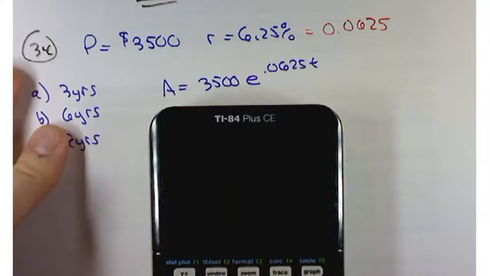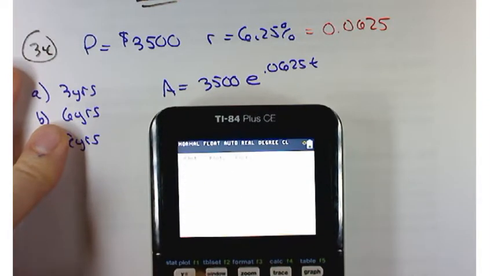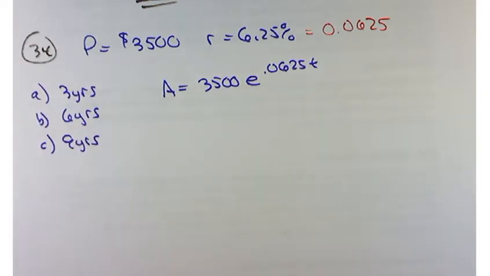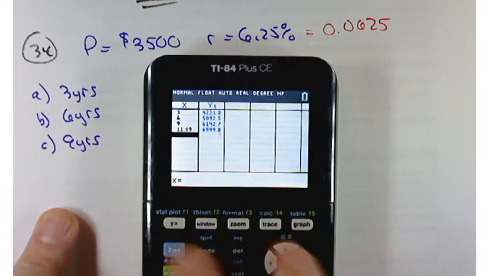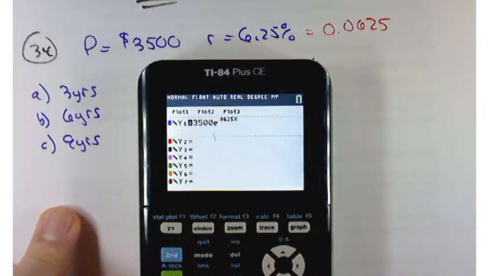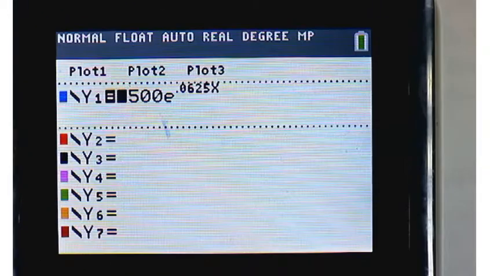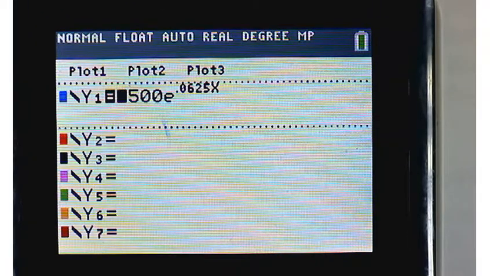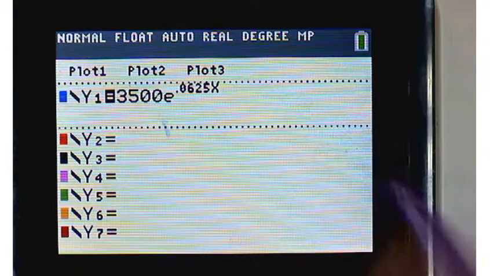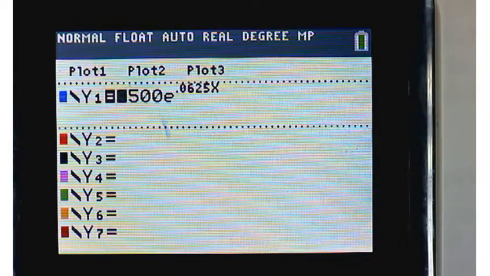So let me put that into my graphing calculator. 3,500 e to the 0.0625 times x. Just using x as opposed to a t because it's not very convenient to use t in this case.